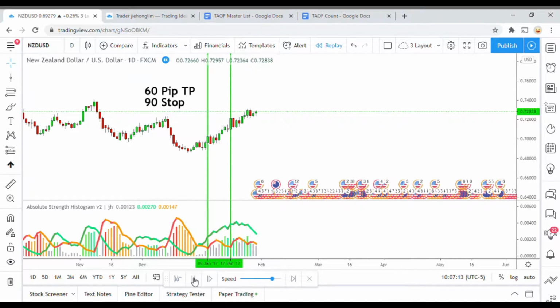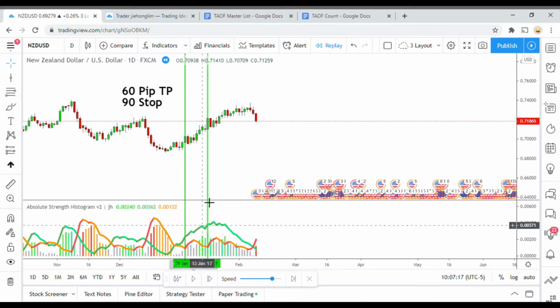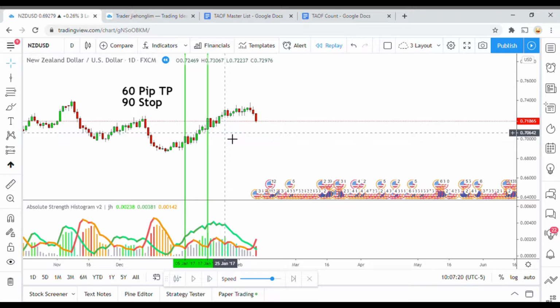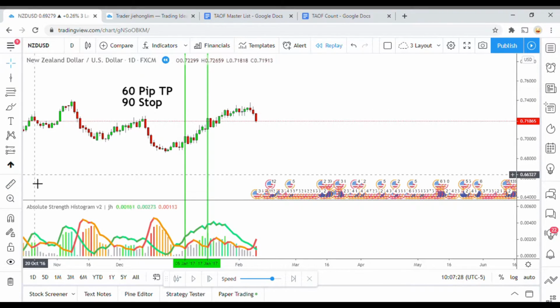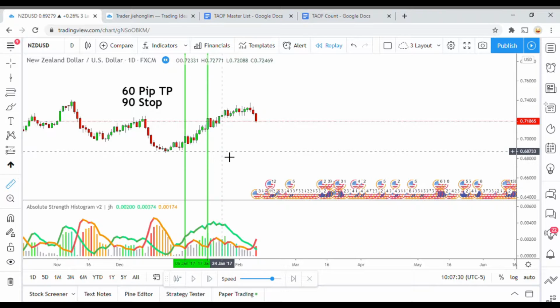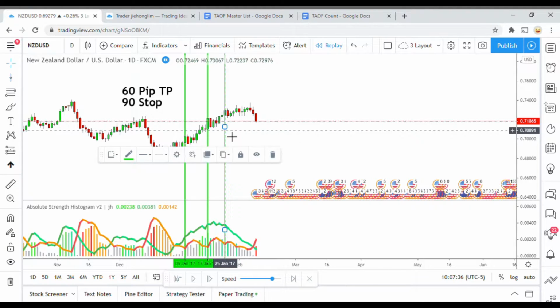Let's go ahead and play it out and see what it does. Yeah, looks like it would have gotten us to take profit ever so. Let's try this again. Measure it out. There to there. Yeah, that would have worked.